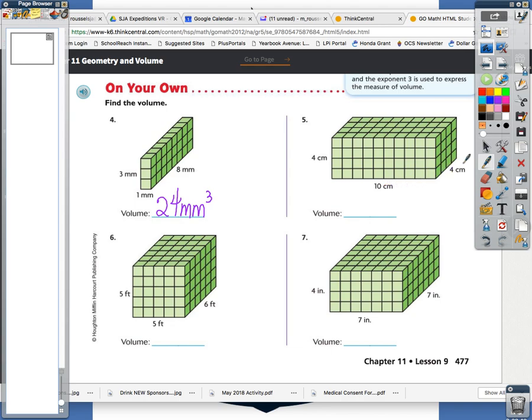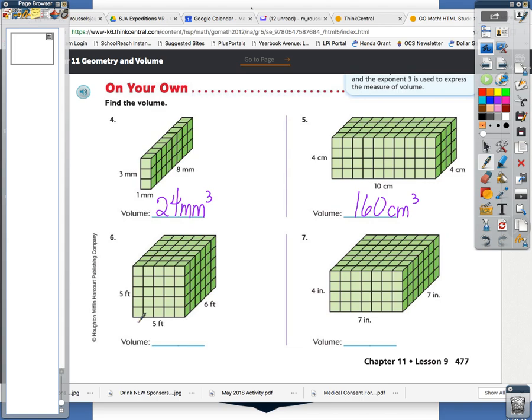We multiply its length times its width, which would give us the area of the base of this rectangular prism. 10 times 4 is 40. We would multiply 40 times the height of the prism, which is 4. 40 times 4 would give us 160 cubic centimeters as the volume of that rectangular prism.